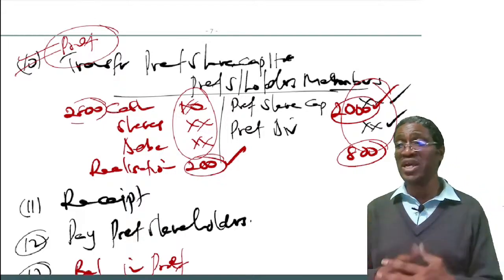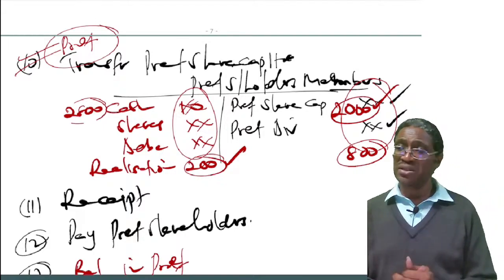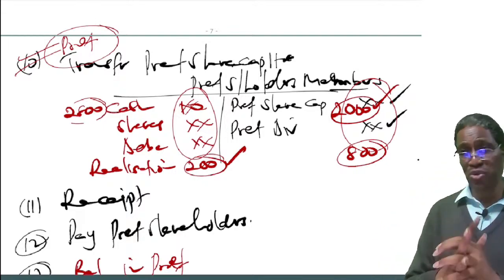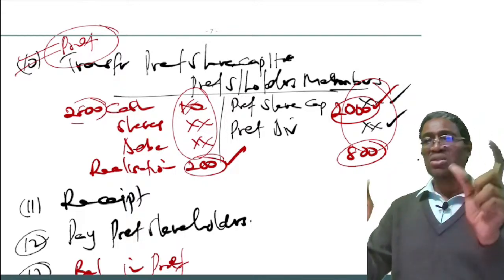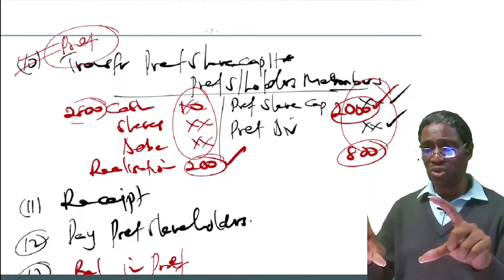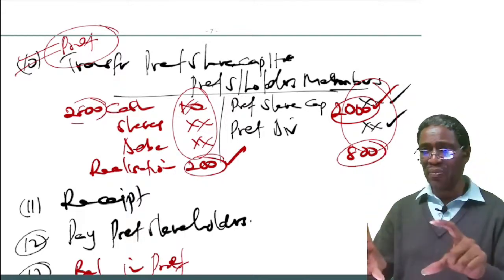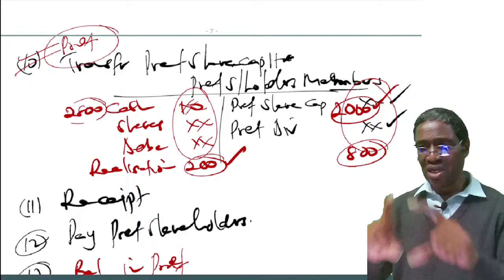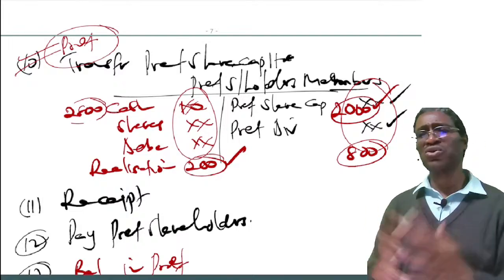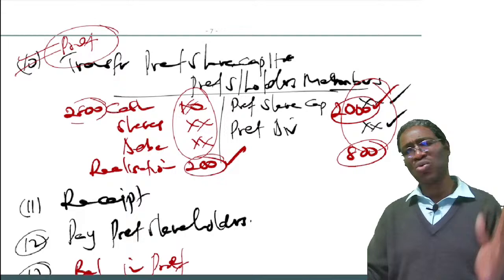They look to be many entries, yes, but once you understand them, don't cram. Understand the process. Close the accounts, create a data, open liabilities for the stakeholders, receive the purchase consideration, start paying the stakeholders. Final person to be paid is the ordinary. Then you close the books.